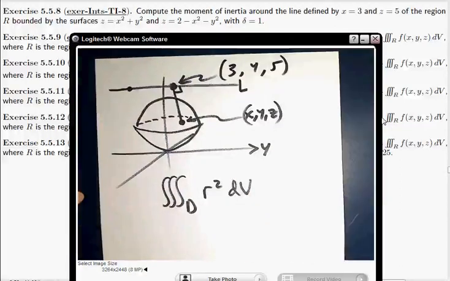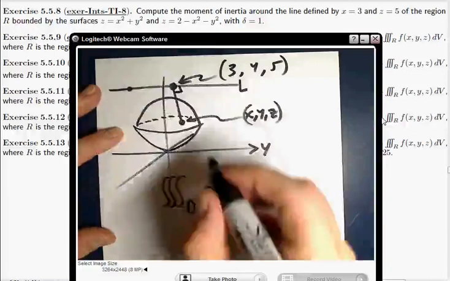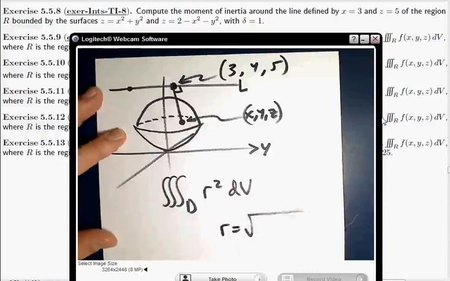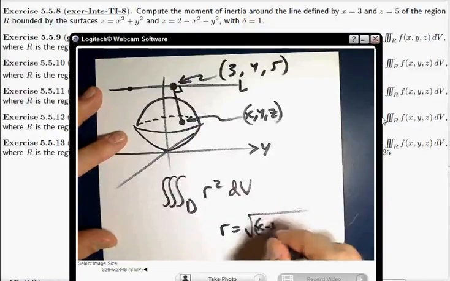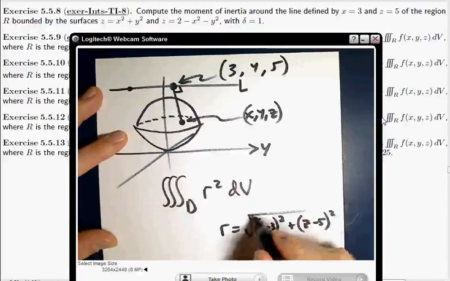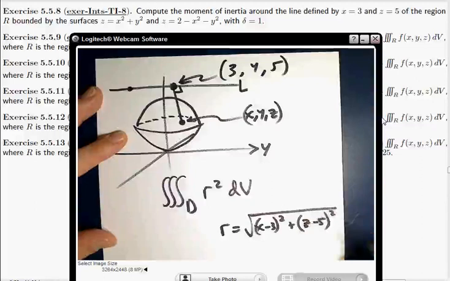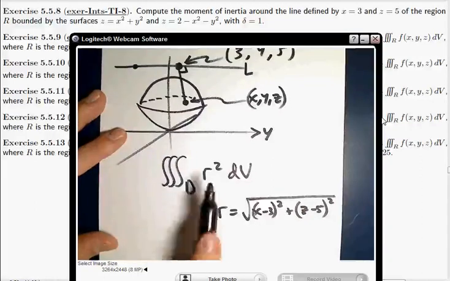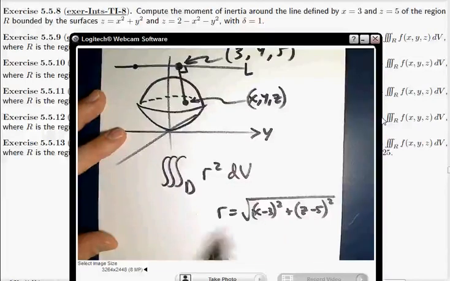Is that cool? So that means that this distance here, that r, is the square root of (x minus 3) squared plus (z minus 5) squared. So when we have the integral of r squared dV, here's your r. R squared is just this little polynomial on the inside here.